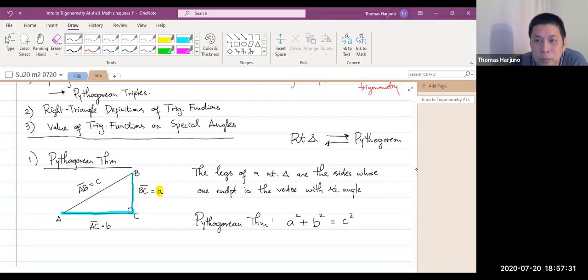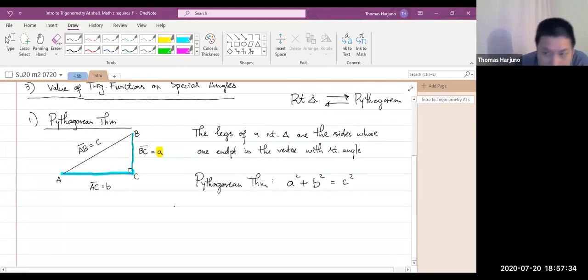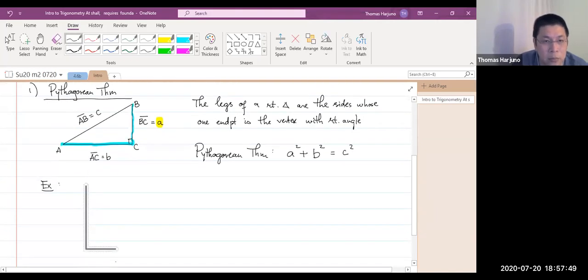Now let's say, for example, I have a right triangle, and the right angle is always at C. If I don't say anything, then the right angle is always at C. Suppose the hypotenuse is 8 and one of the legs is 6.